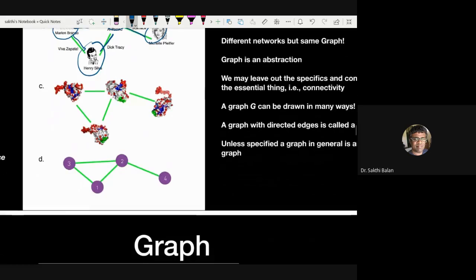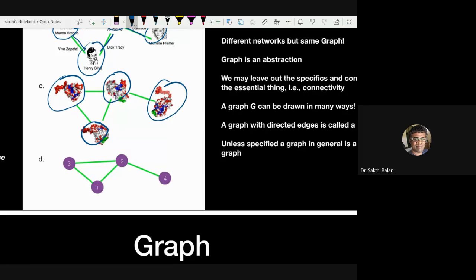It can also be based on chemical molecules or biomolecules. You connect those components which have some kind of interaction between them, some reactions between them.